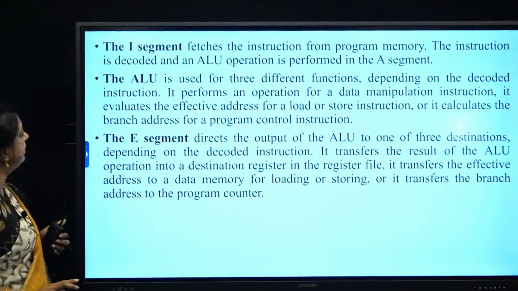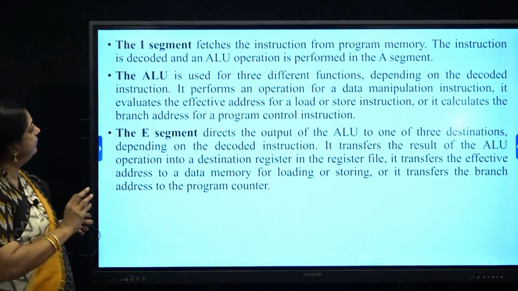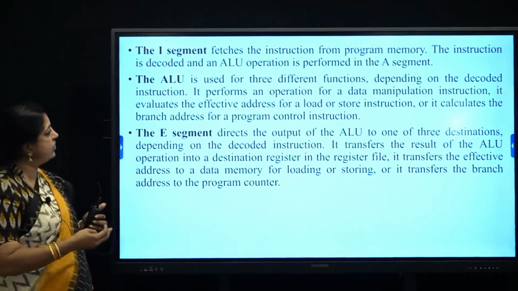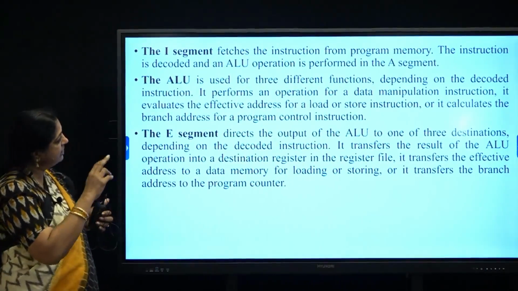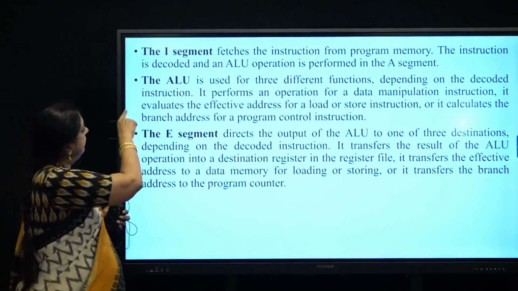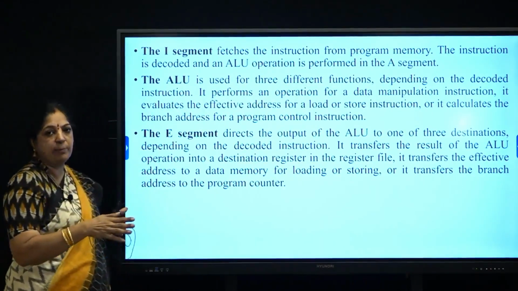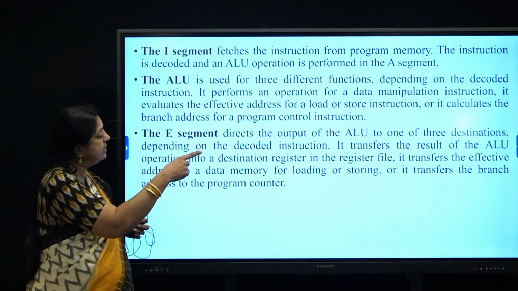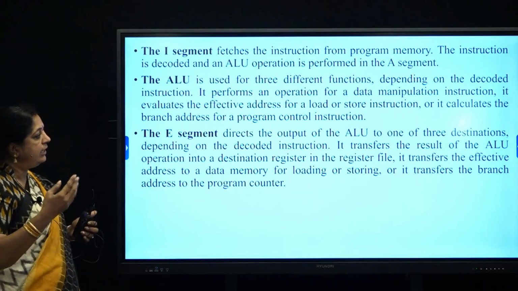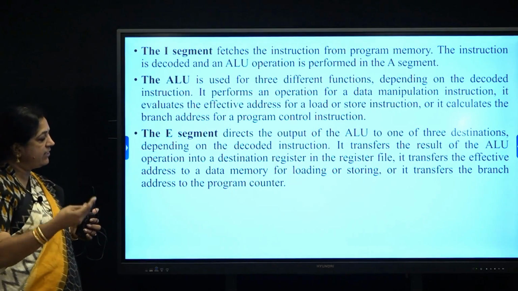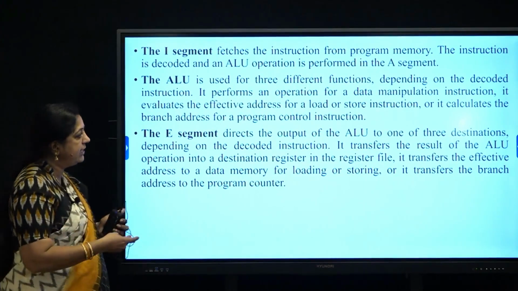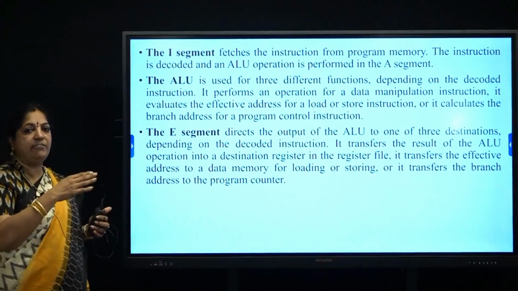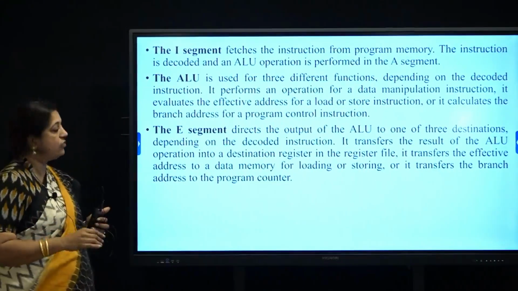The same thing is given here. I is fetching the instruction. A includes the decoding and the ALU operations which are performed. ALU has different functions depending on the decoding of the instruction: data manipulation instructions, effective address, storing the instruction, calculating branch address, everything comes in the ALU operations only.